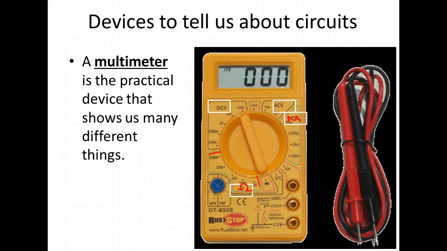Direct current, yeah, A. And so what do you think that measures? Yeah, amps, current. What about DCV? What does that measure? Voltage difference, right? And so you've got a voltmeter, an ammeter, and an ohmmeter, which measures resistance, all in one. This is the modern tool. They can go between them.